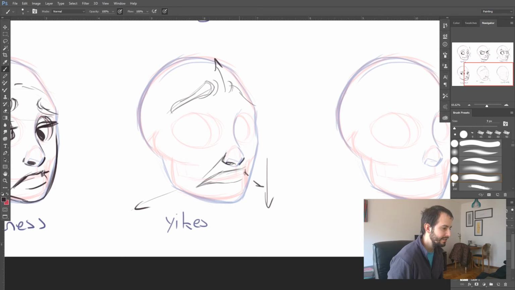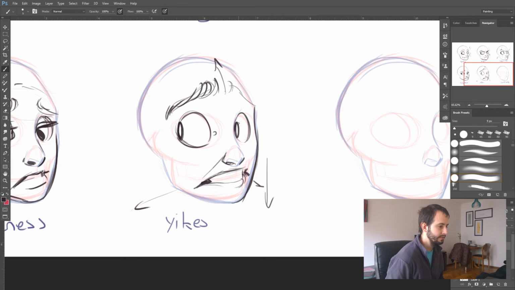And since all of the energy is pulling away from the eyes, they can get a lot wider. I don't think I'm that wrong. I think this expression looks pretty cool.